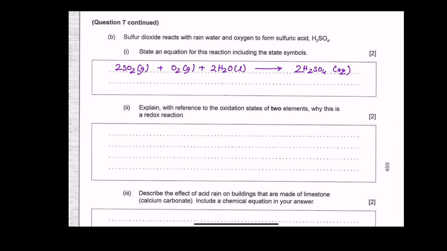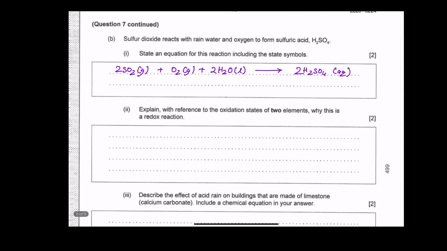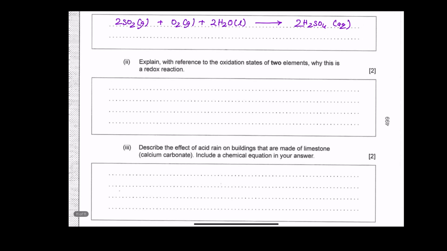Now next, we have to explain with reference to the oxidation state why this is a redox reaction. Sulfur in SO2 would be plus 4. In SO2, if you take sulfur as X, X plus 2 times minus 2 equals 0, gives you X equals plus 4.